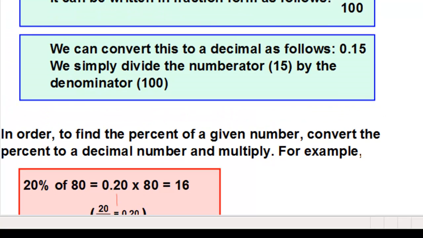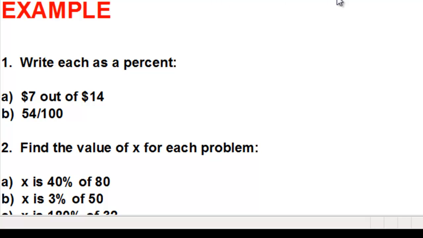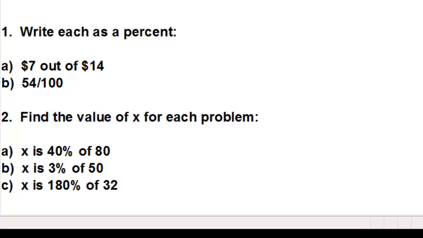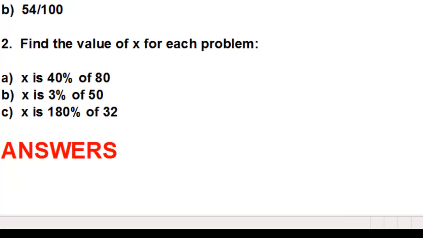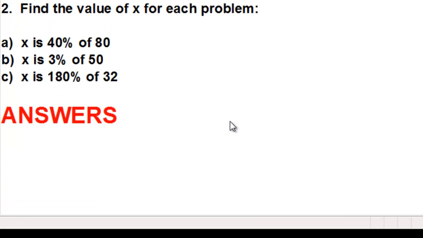So let's look at an example. 1, write each as a percent. A, $7 out of $14, and B, 54 out of 100. So let's do that.